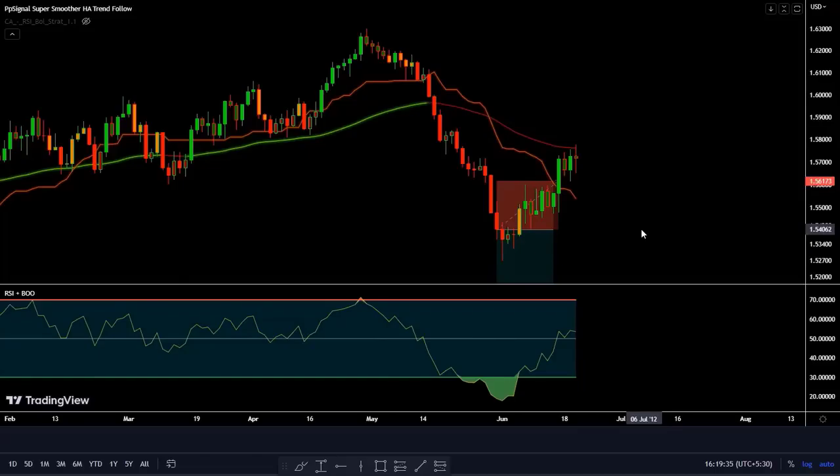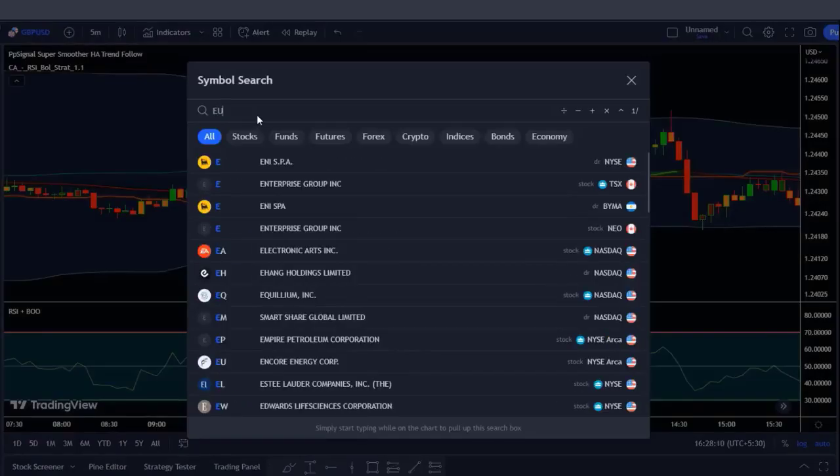Now that we've completely learned this strategy, I want to test it on the EUR/USD chart.